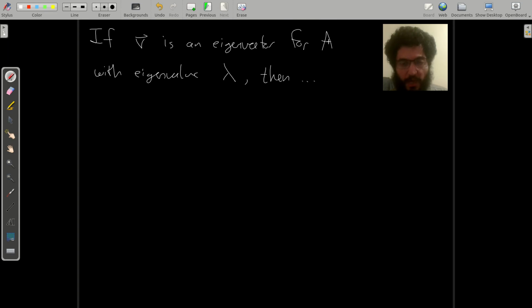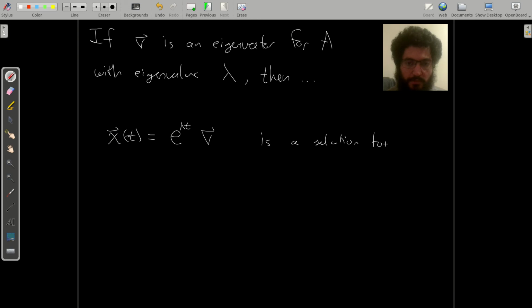If v is an eigenvector for A with eigenvalue lambda, then define a vector-valued function, so a two-component function of t, like this: e to the lambda t times the vector v. Then this is a solution to our differential equation, x prime equals Ax.